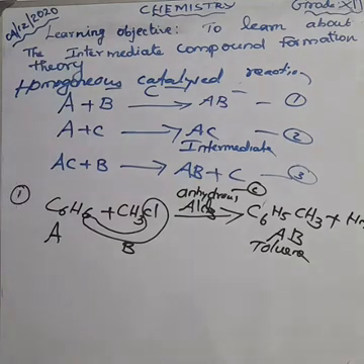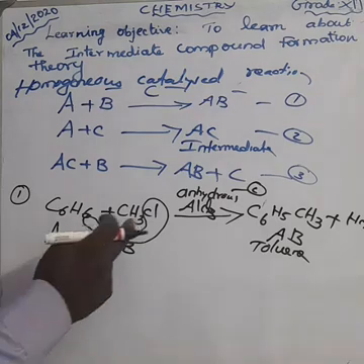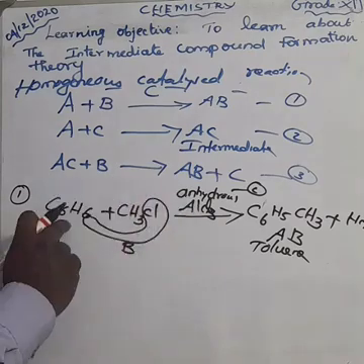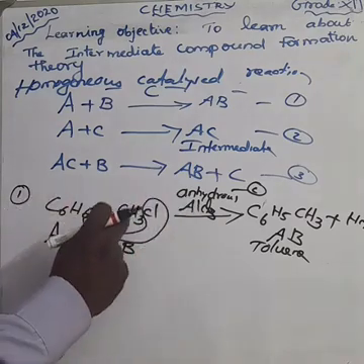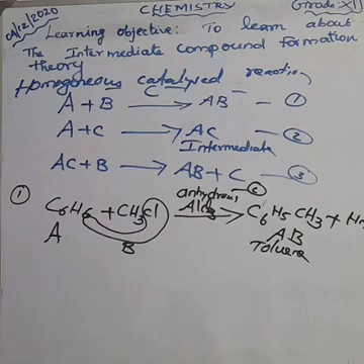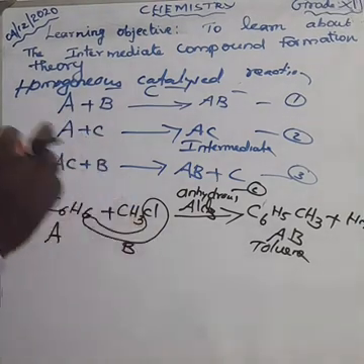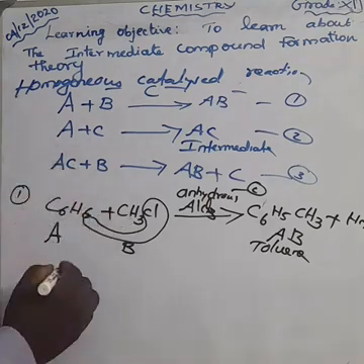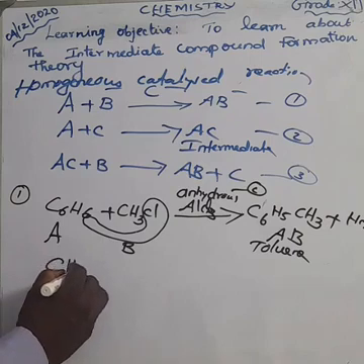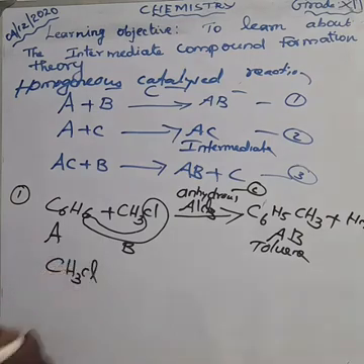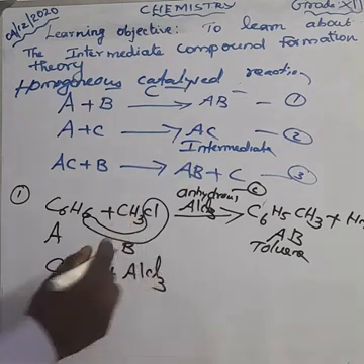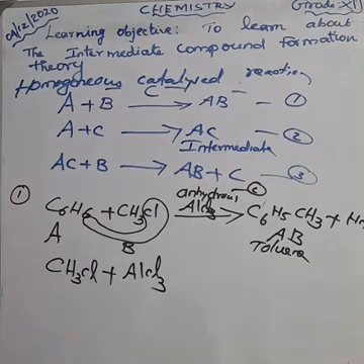How can we explain the reaction? First of all, one of the reactants first combines with the catalyst. We take the reactant methyl chloride, CH3Cl, which reacts with aluminum chloride.